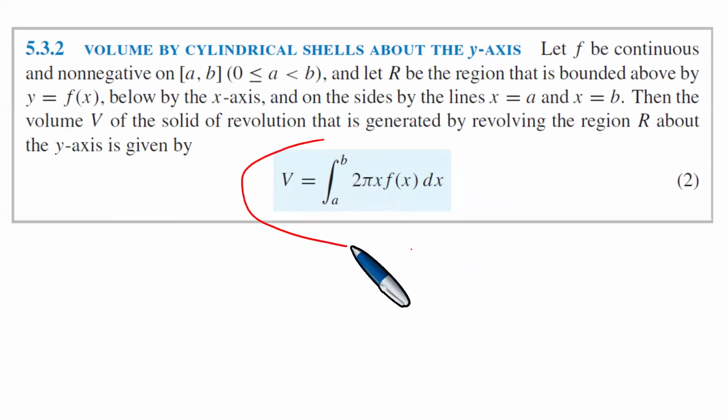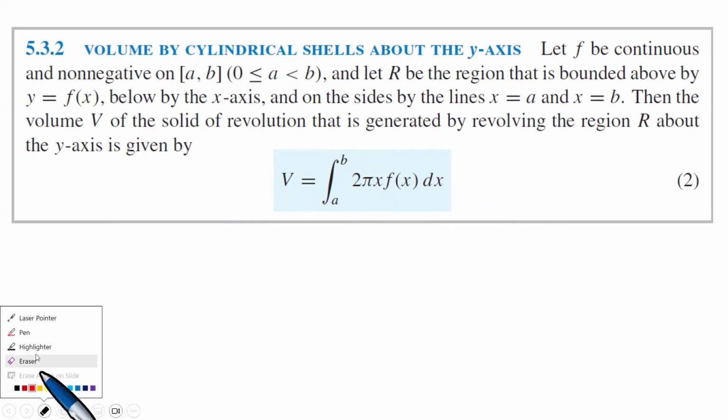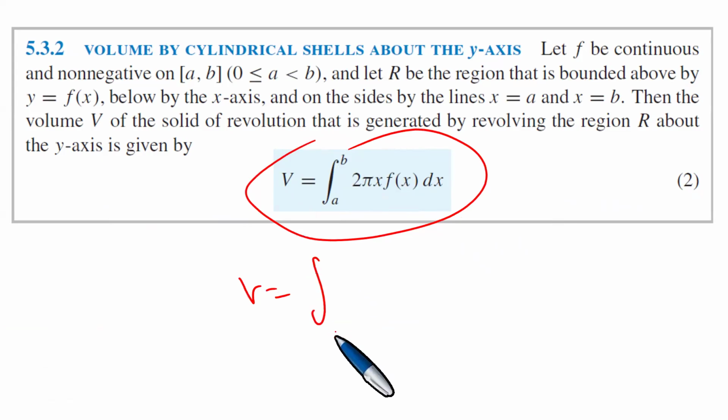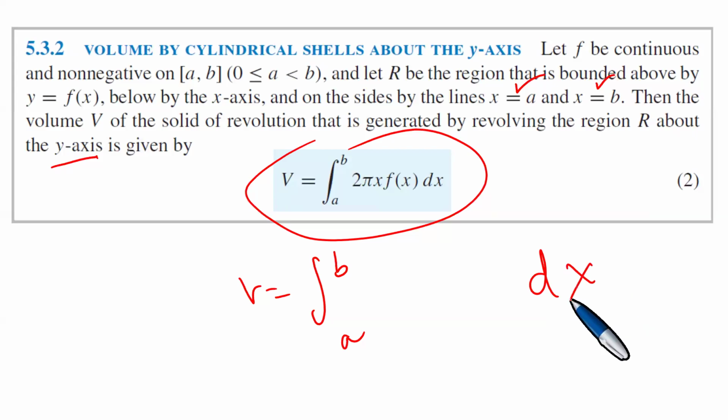But I want us to take note of the fact that if it is by the y-axis, look at the variables. By the y-axis, you have the two variables that interplay. So about the y-axis, you integrate from A to B like that, where x is A and x is B. So about the y-axis, you put a dx.